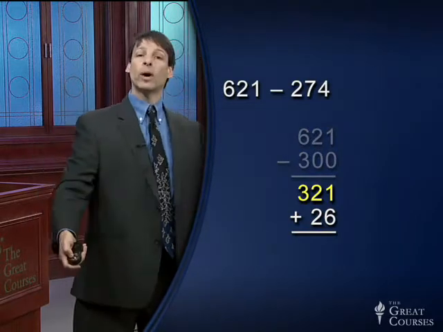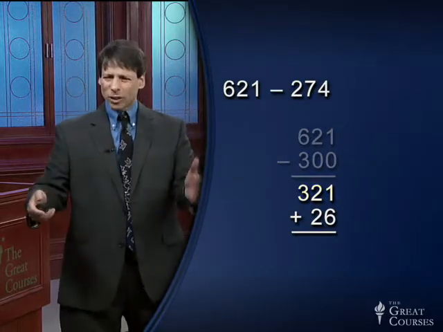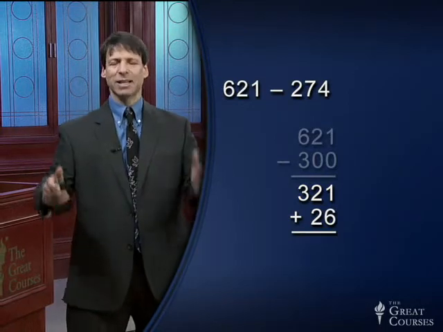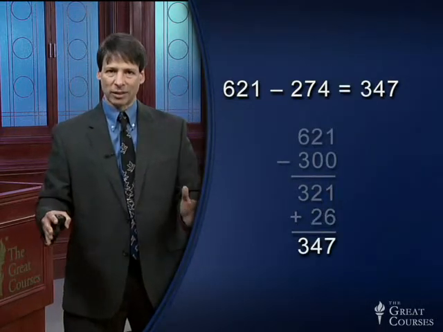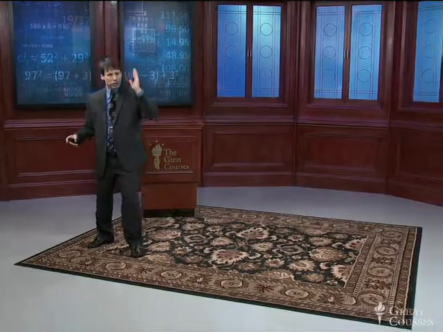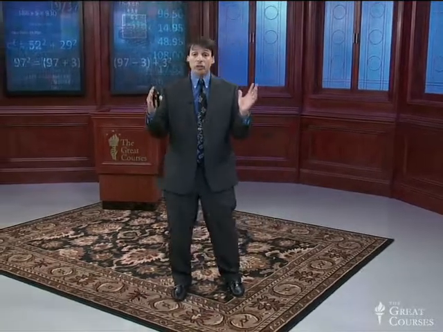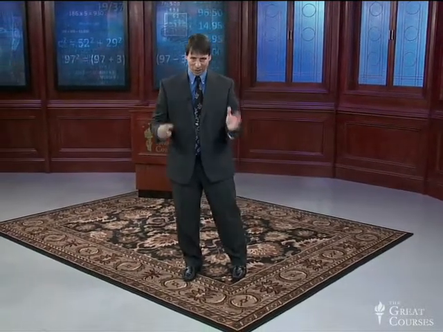When you add back 26, you get 321 plus 26 from left to right is 347. I personally think that it's easier to do this problem mentally using complements than by the pencil and paper method. We are turning a hard subtraction problem into an easy addition problem.